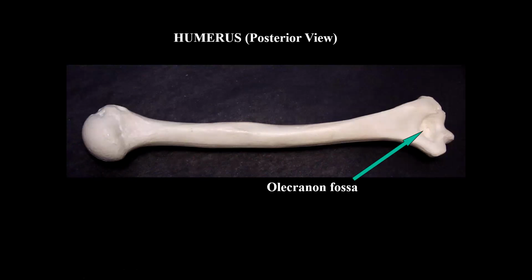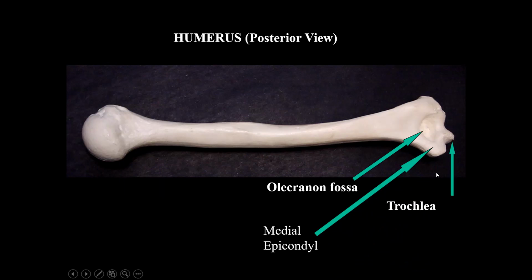If we didn't have an olecranon fossa, our elbow couldn't work. Now, since the head's on the medial side, this is still the medial epicondyle. Because there's the trochlea, there's the medial epicondyle.